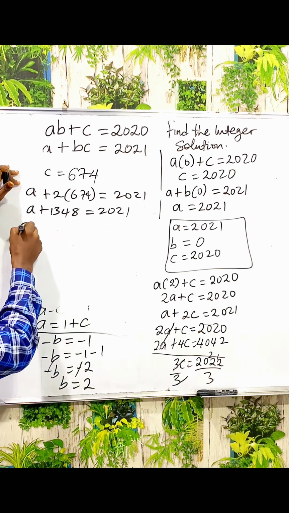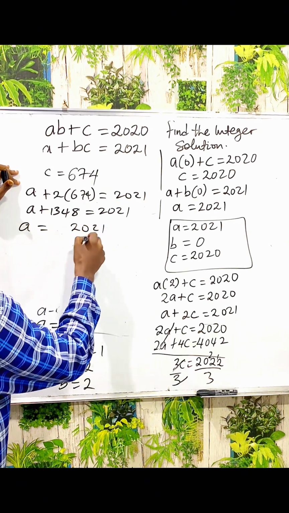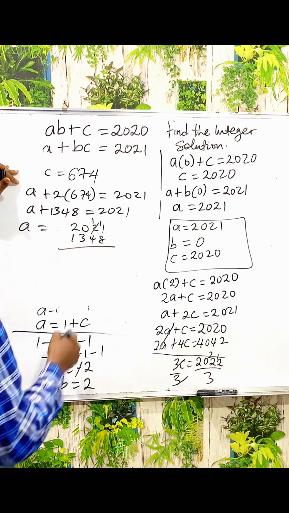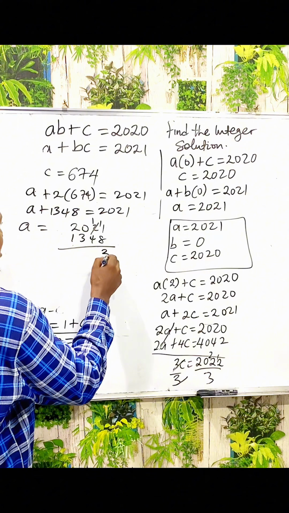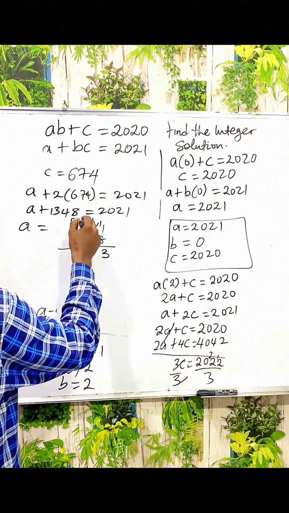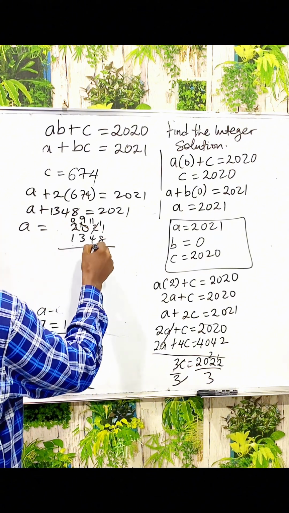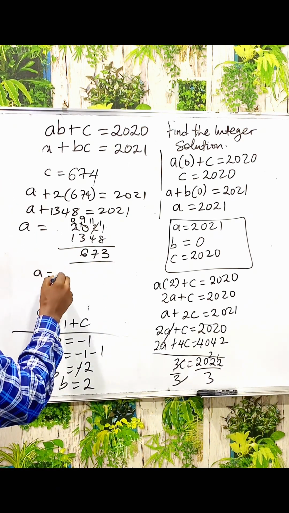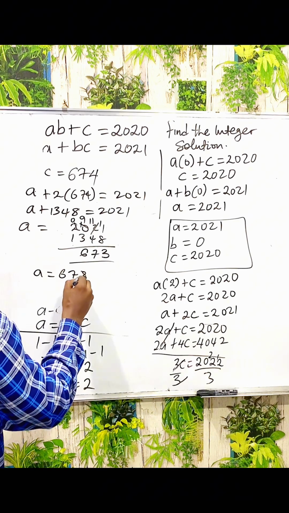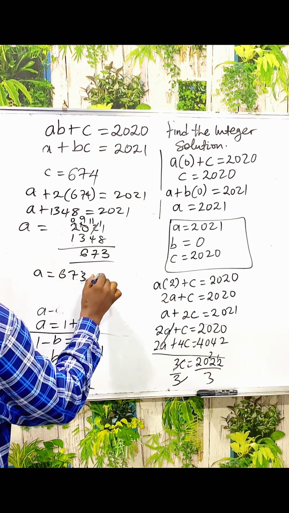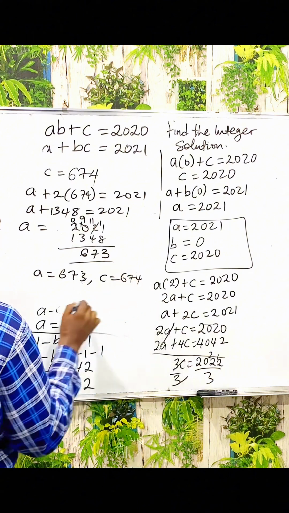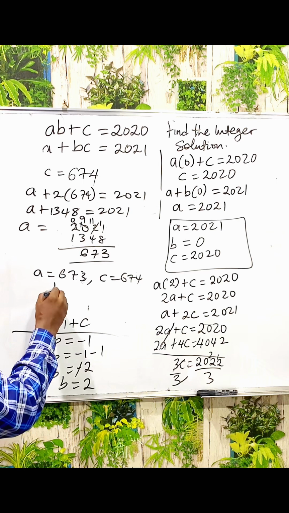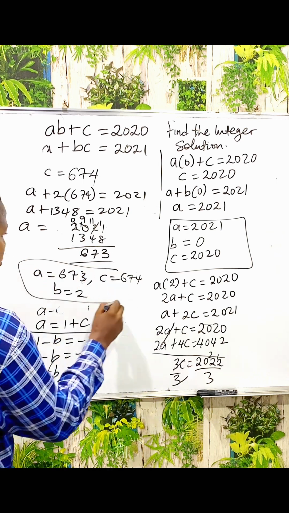So A will be by subtraction 2021 minus 1348. Borrow from here, 11 minus 8 is 3. Borrow from here, 0, 10, 9, 11, 7, 6. This is what you will have as A. So A is 673, C is 674, and B is equal to 2. This is another set of solutions.